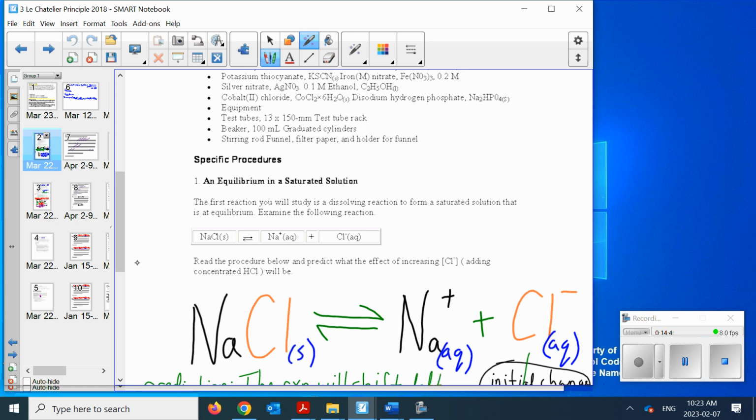So here's what we're going to do. Predict what the effect of increasing the chloride is going to be. This may be the first time you've thought of it, so as it's new to you, we'll do it as a group. Let's think this through. Right now, we have a system: sodium chloride solid is sitting at the bottom of the test tube.